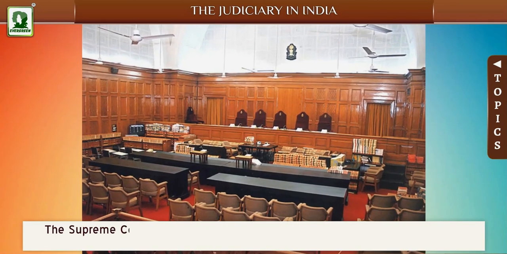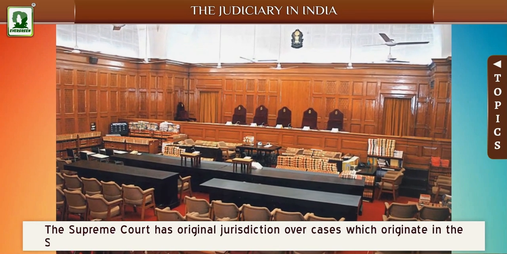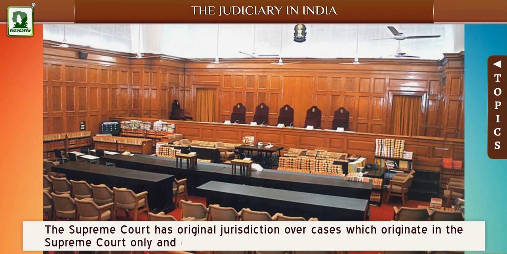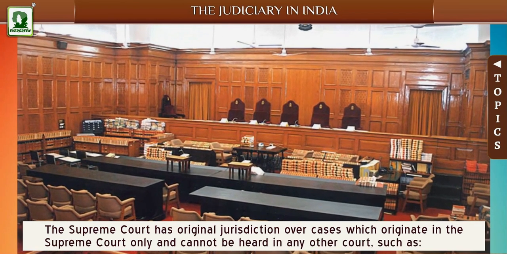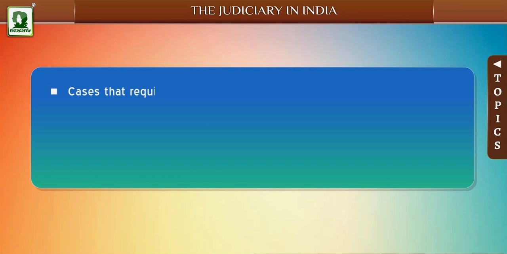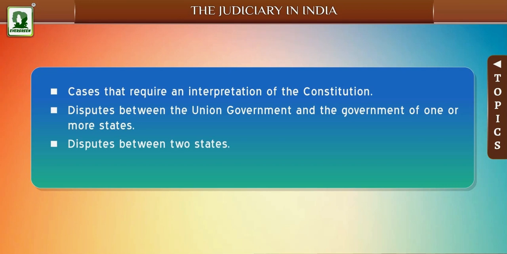The Supreme Court has original jurisdiction over cases which originate in the Supreme Court only and cannot be heard in any other court, such as cases that require an interpretation of the Constitution, disputes between the Union government and the government of one or more states, disputes between two states, and disputes regarding violation of fundamental rights.